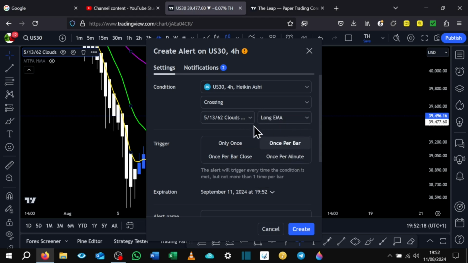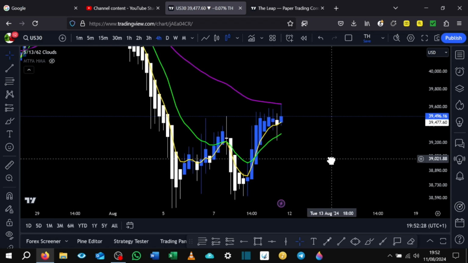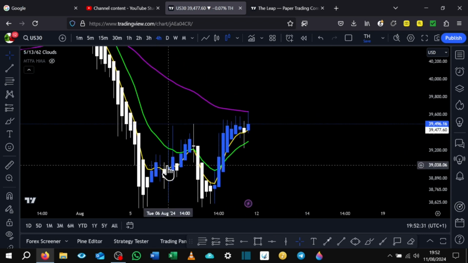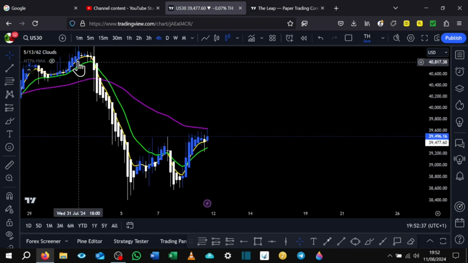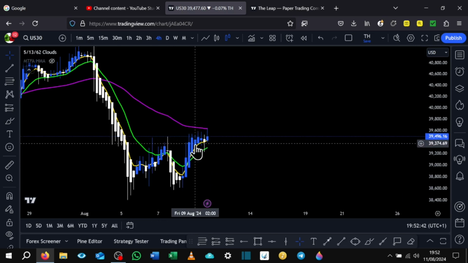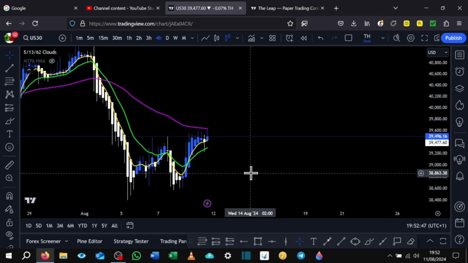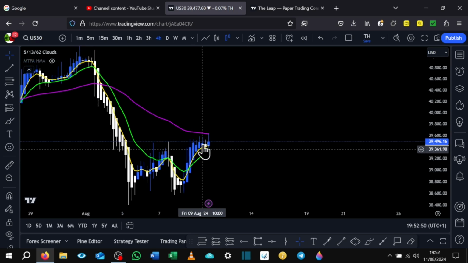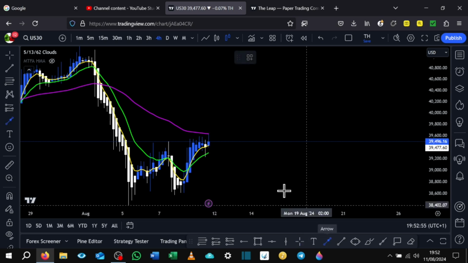The long EMA, so that is the 62 EMA, is the Fibonacci 61.8, and this is a good alert to have because potentially what could happen now is, price is bearish. We are now looking that we're going to go on a bullish run. There is imbalance to fill. However, price could still be bearish, and price could react off the 62 EMA.